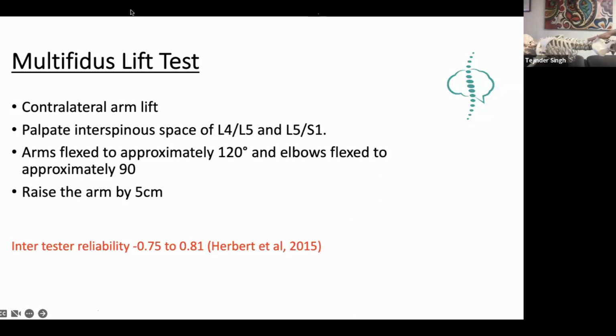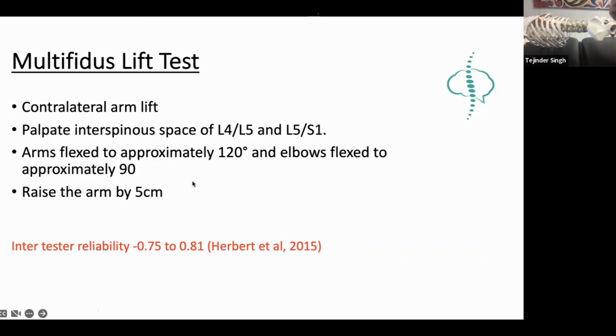Okay. And what you do is you ask the patient to lift the opposite arm. So if I'm on the left side, trying to find it here, can you see my arm? I'm probably much closer so that you can see what I'm doing. Ask the patient to lift the contralateral arm while the patient's arm is flexed to 120 degrees, elbow flexed to 90, and only raise it by 5 centimeters.